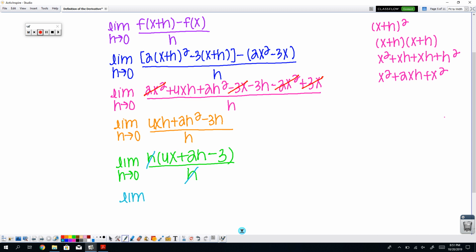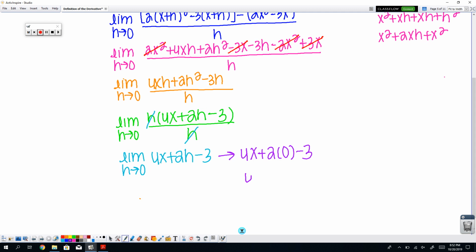We have the limit as h approaches 0 of 4x plus 2h minus 3. Now I can go through and just plug it in. So it's going to go 4x plus 2 times 0 minus 3.